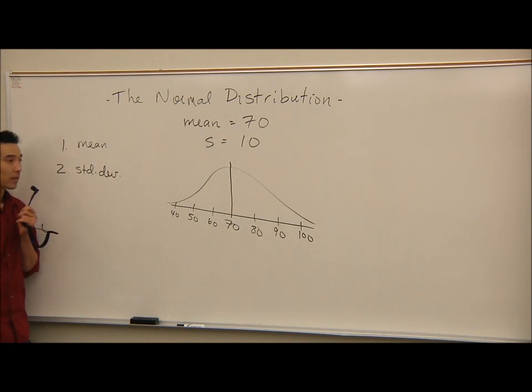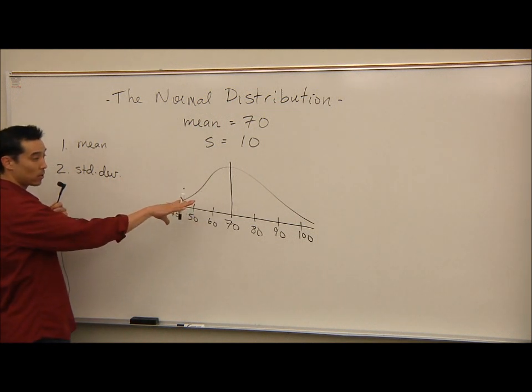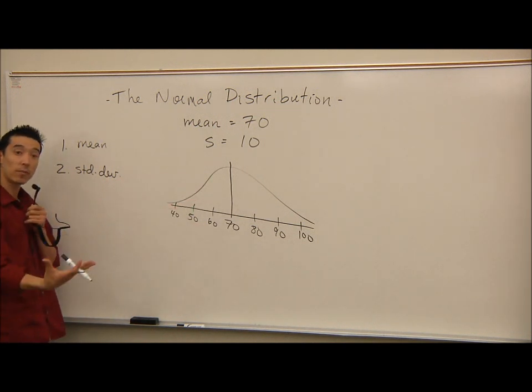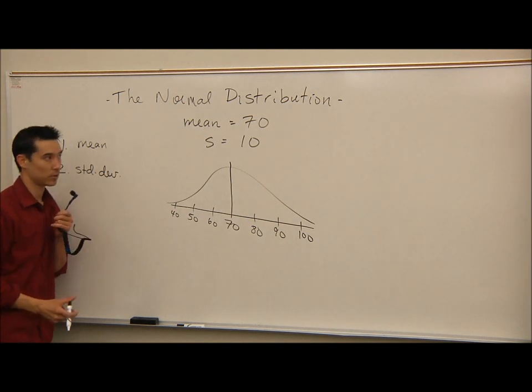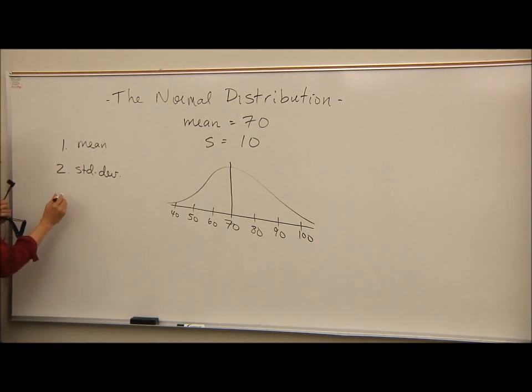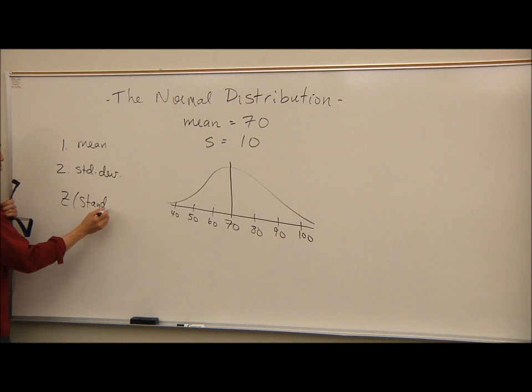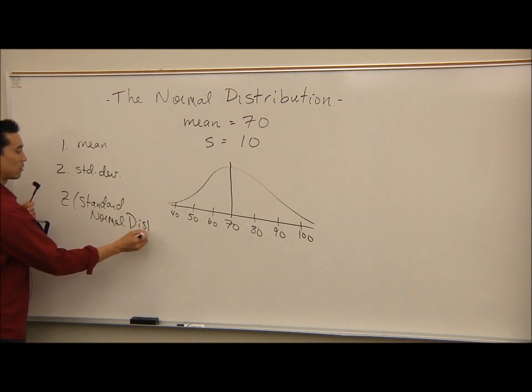Okay, now, here's the thing that we need to know. You could have any normal distribution in the world, and you can transform that to what we call a z or standard normal distribution. Okay? So now let's take a look at what we mean by a z or standard normal distribution. Okay?